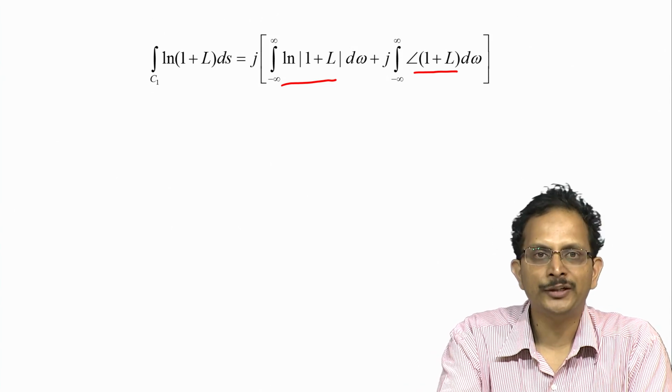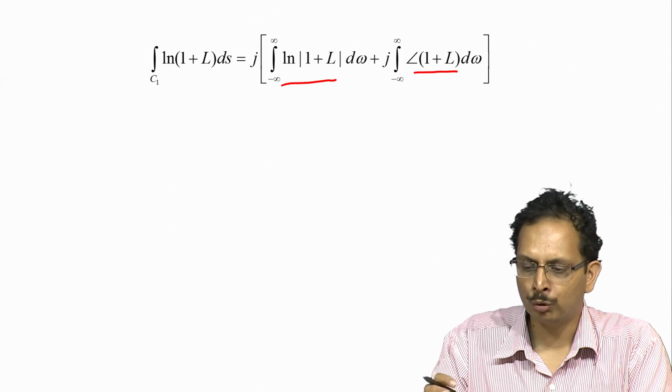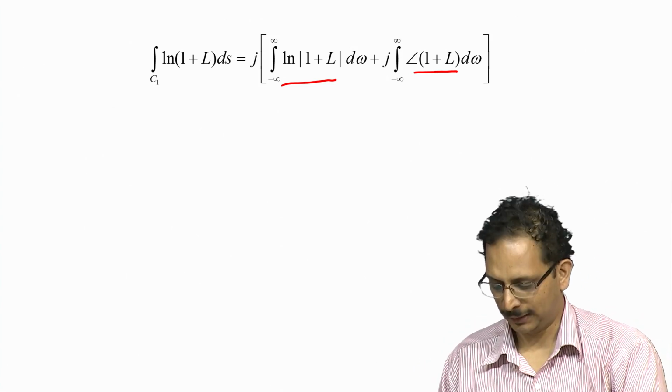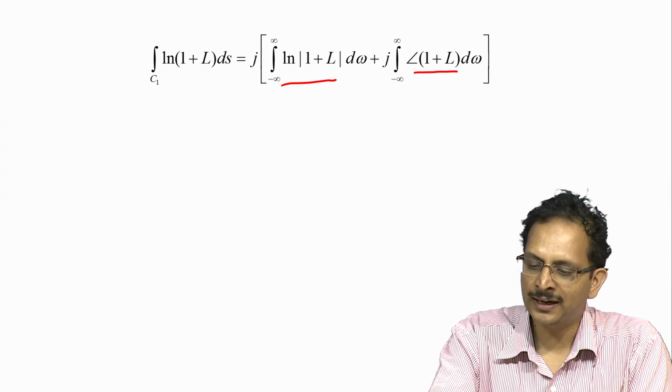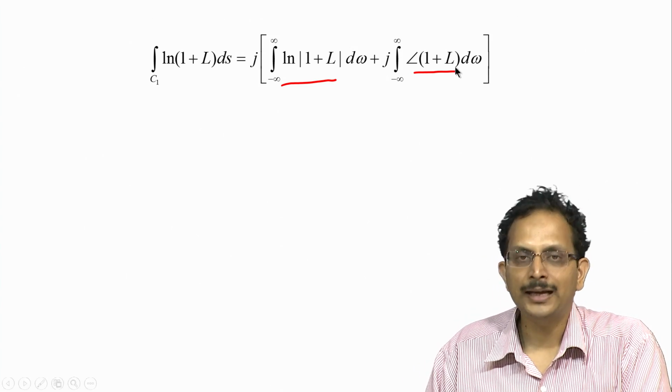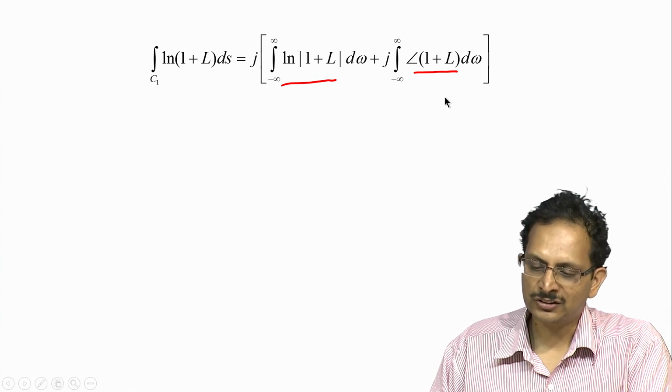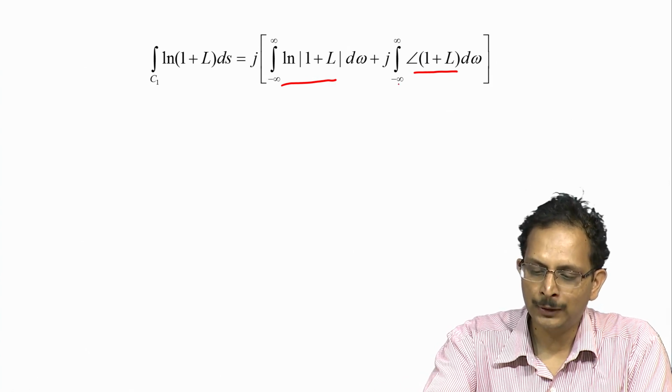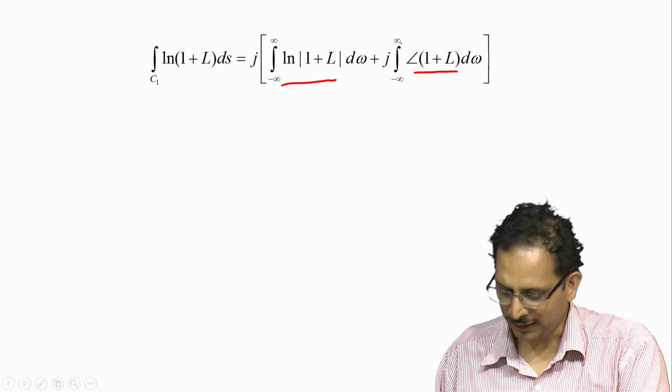Now, let us evaluate these two integrals separately, and to do that let us first consider the second integral. In the second integral the integrand happens to be the angle of 1 plus L, and the limits of integration happen to be minus infinity and infinity.